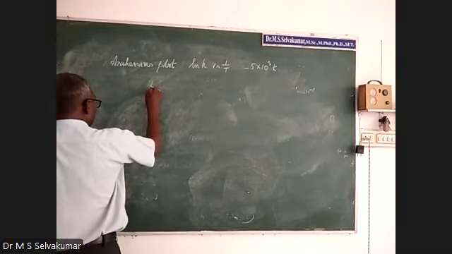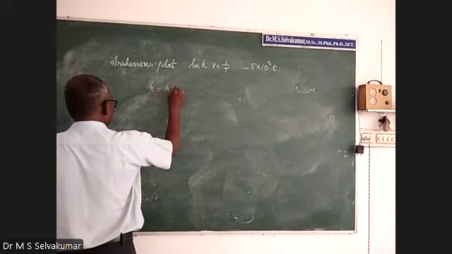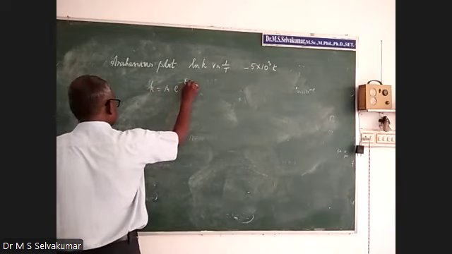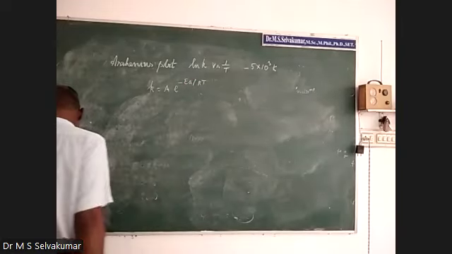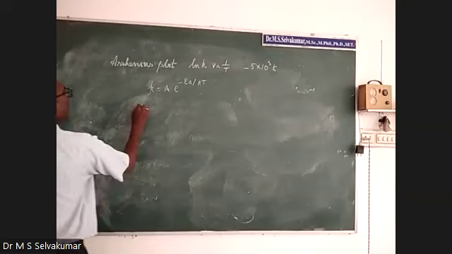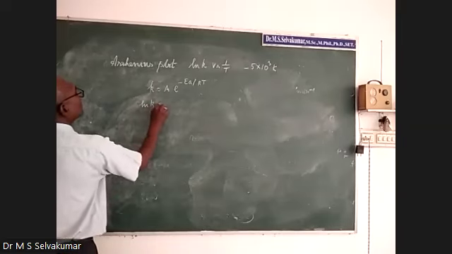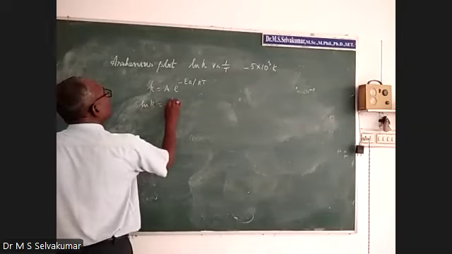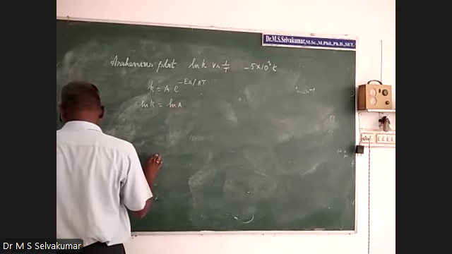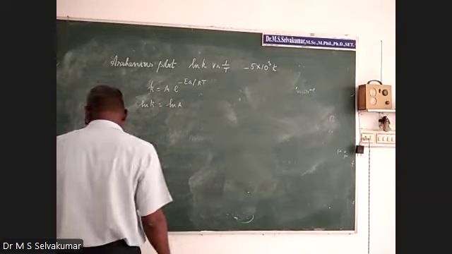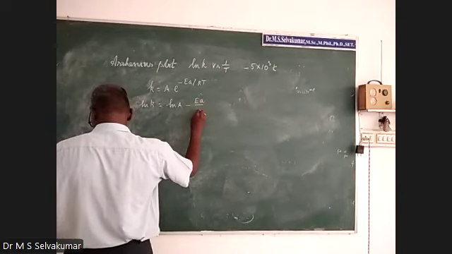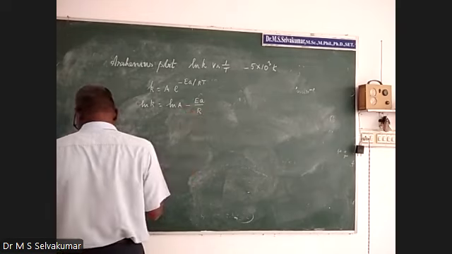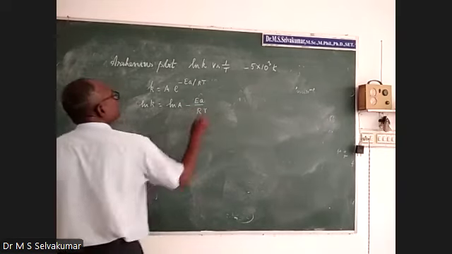So k is equal to A e power minus Ea by RT. If you take ln k, it is equal to ln A minus Ea by RT.